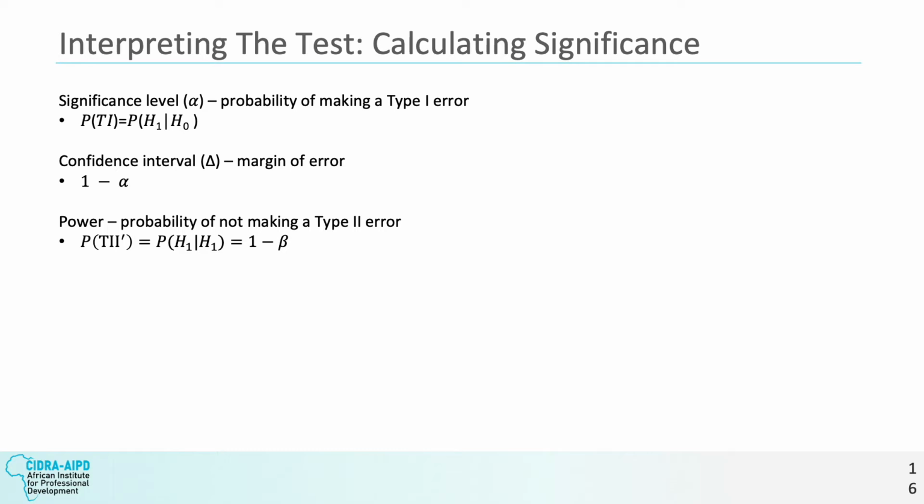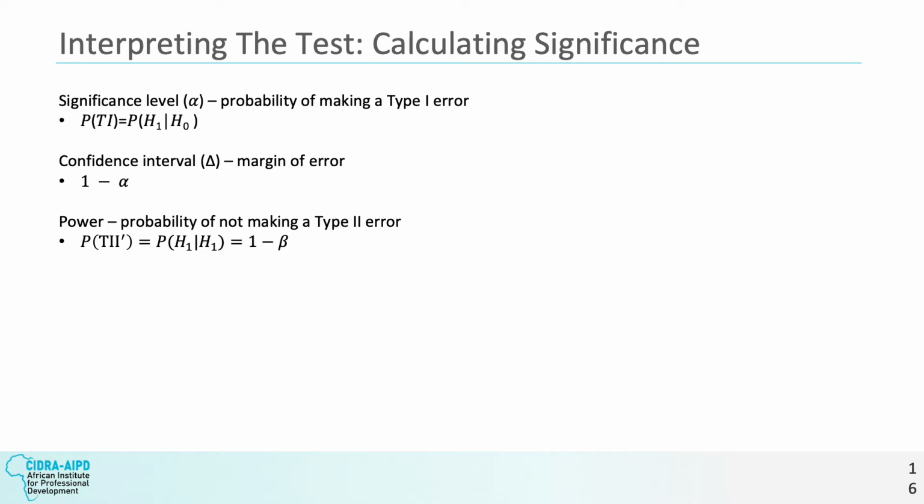Since type 1 errors tend to be the more severe errors, we try to minimize our alpha and maximize our confidence that we will calculate a statistic that will not allow us to falsely reject the null hypothesis. Common values for alpha are 0.05 and 0.01.